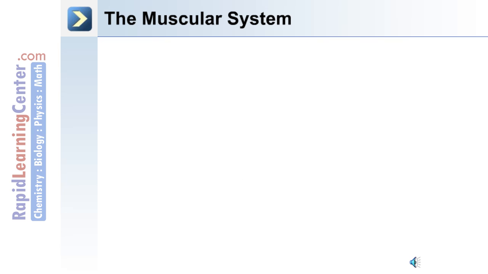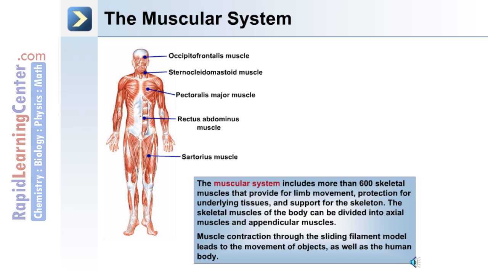The next organ system we'll discuss is the muscular system. There are over 600 skeletal muscles in our body, and they provide strength, protection for the underlying tissues, and support. Shown here in the diagram are some example muscles. From the head and neck, the occipital frontalis muscle and the sternocleidomastoid muscle. From the chest, the pectoralis major muscle.